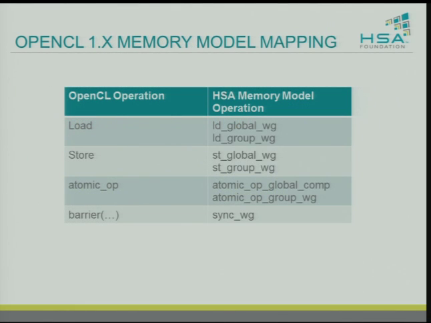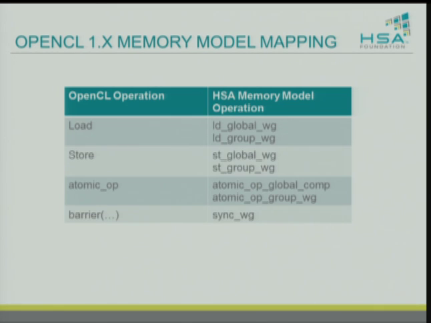So the 1.x memory model turns out to be anything but well-defined, and is trivial to map. There are no orderings. There are just standard loads and stores. They actually turn out to be only guaranteed visibility within a kernel, within a work group. So we can just map those to HSA's load global and store global, but with a work group scope. And atomic operations can now be either component-based scoping or work group-based scoping.